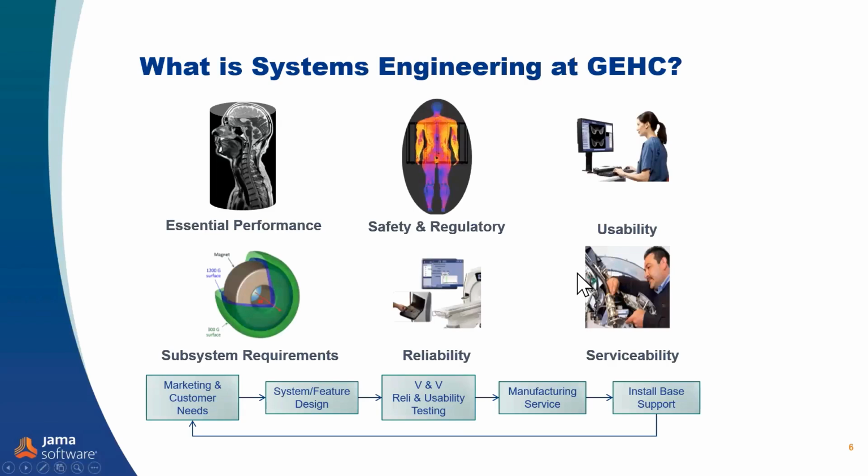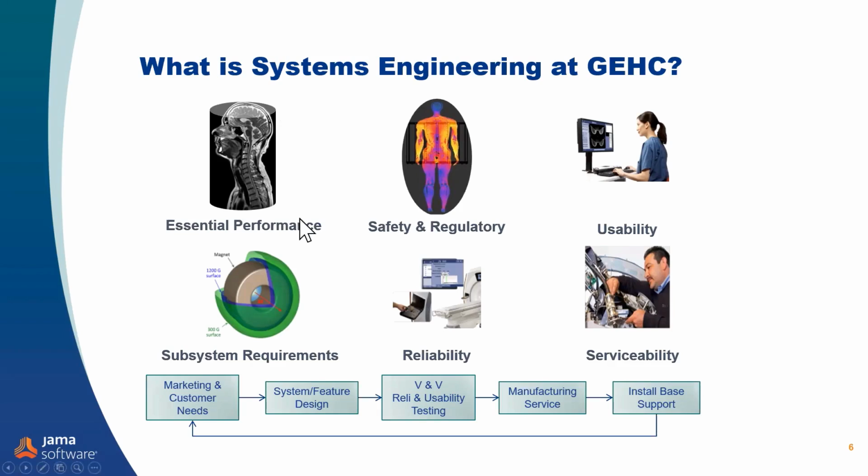Getting specific to GE Healthcare, what is systems engineering at GE Healthcare? Well, we have the essential customer perceived performance. A lot of our programs are imaging, so we have image quality, but we also have things like maternal infant care, where we deliver the right humidity and temperature around the neonate.